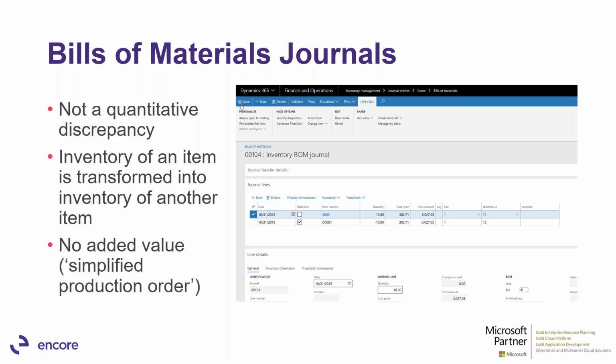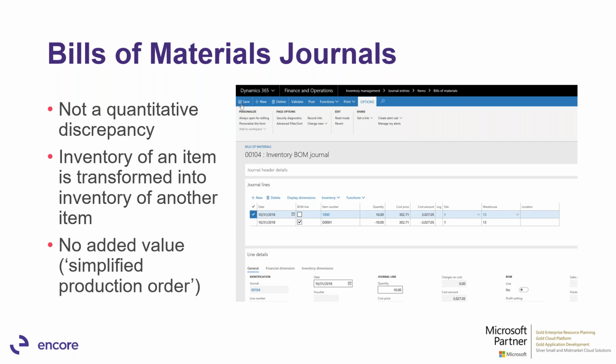So the same concept applies. If you only have the components in stock, but you get an order for the kit and the kit has an item number, that's what's on your sales order. So somehow you need to make those components disappear from your inventory and the kit appear in your inventory. And the BOM journal works fantastically for this scenario as well.